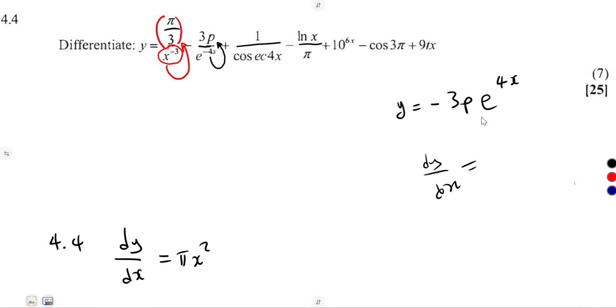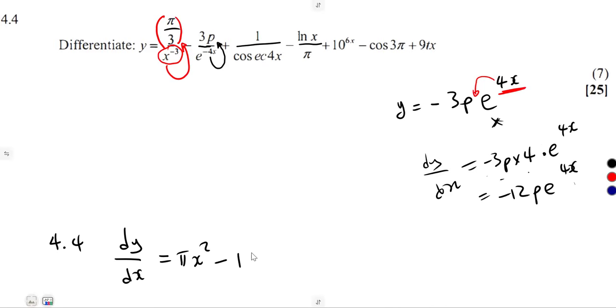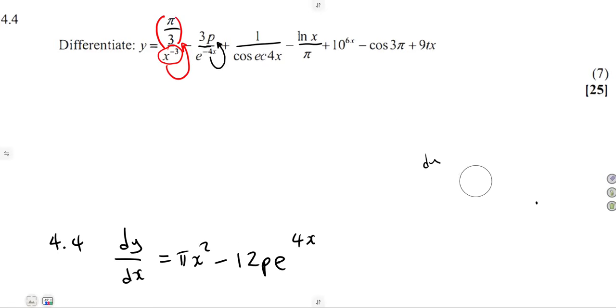Remember, for an exponential function, it remains as it is, but we must multiply by the derivative of f of x, which is dropping the 4 here. So it's negative 3p times 4 e to the exponent of 4x. Integral, we divide; derivative, you multiply. This gives us negative 12p e to the exponent of 4x. This one is direct and straightforward. We have differentiated our part, and we move on to the other one.